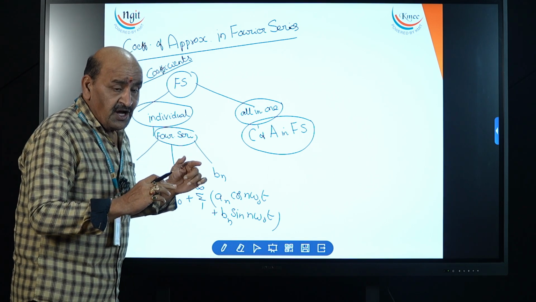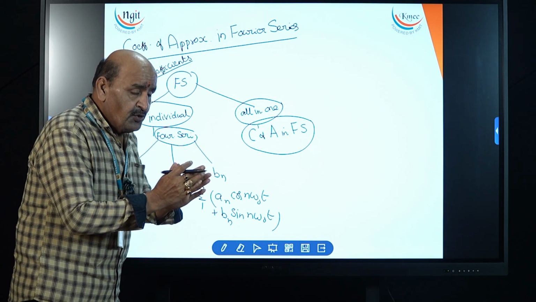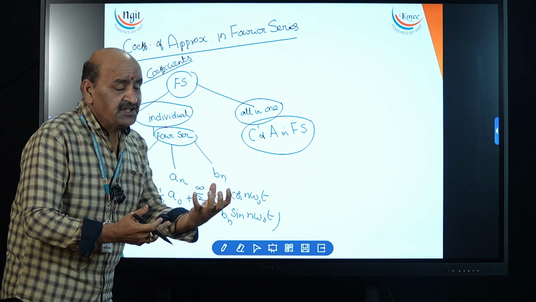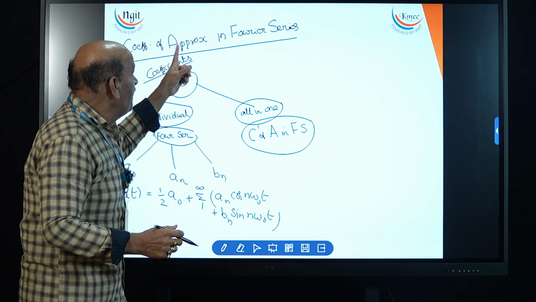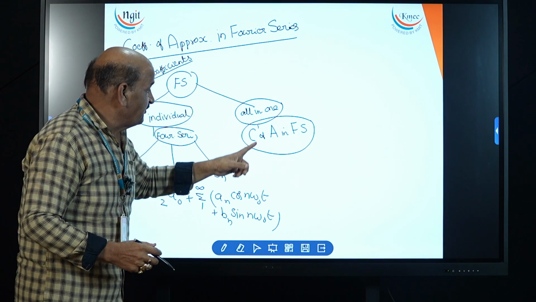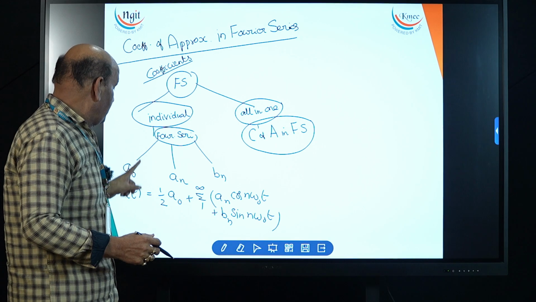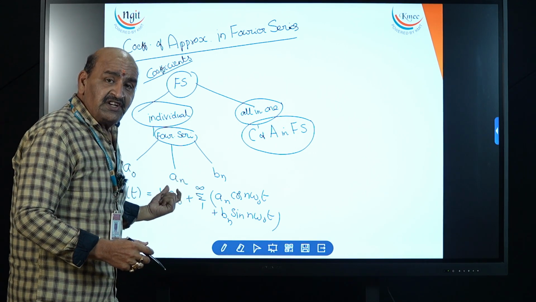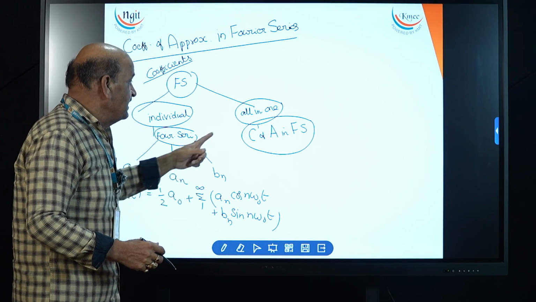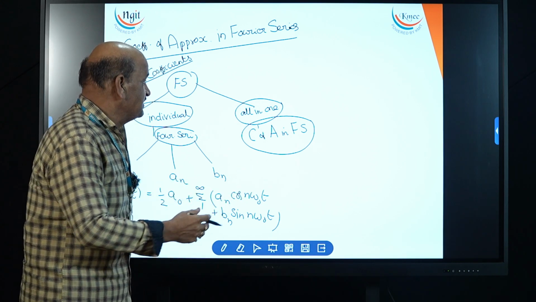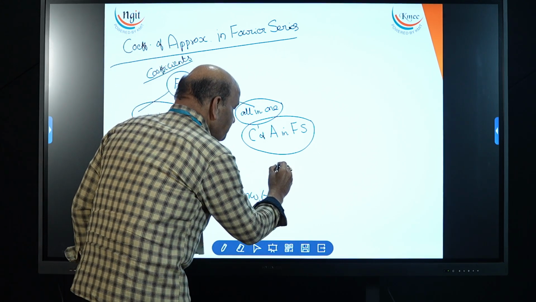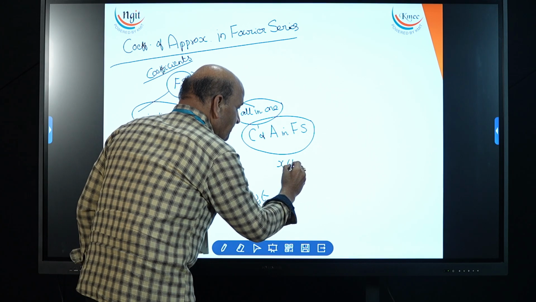It is the discussion of combining all three coefficients in a single coefficient, called coefficient of approximation in Fourier series. Here it is singular, only coefficient. Here it is plural, A0, An, Bn, coefficients in individual format. Now look at how a signal can be represented in this coefficient.